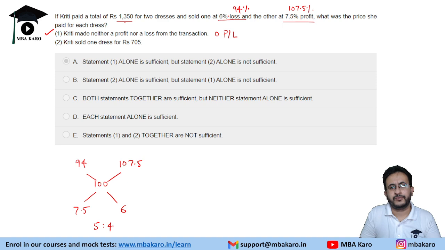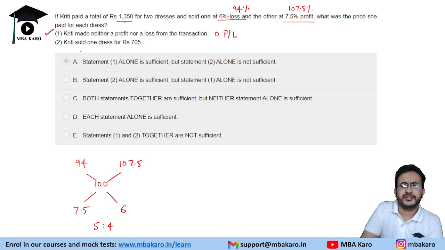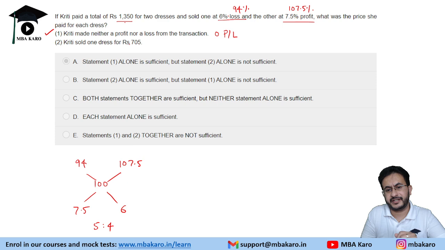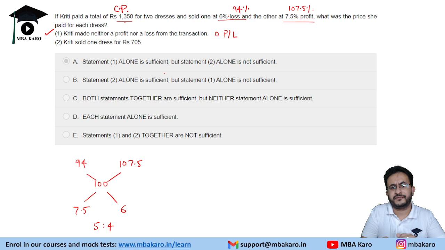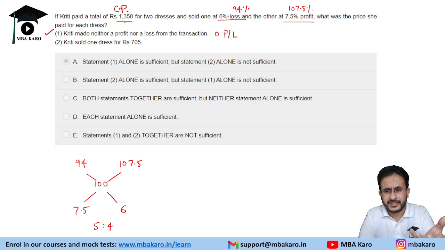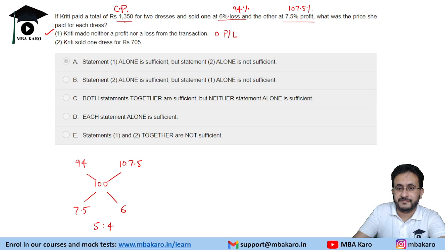Now it says Kriti sold one dress for 705. So we get that one of the selling prices is 705. You might be tempted to answer which one of these will be 705, in one she is getting a loss, this or this, which one?